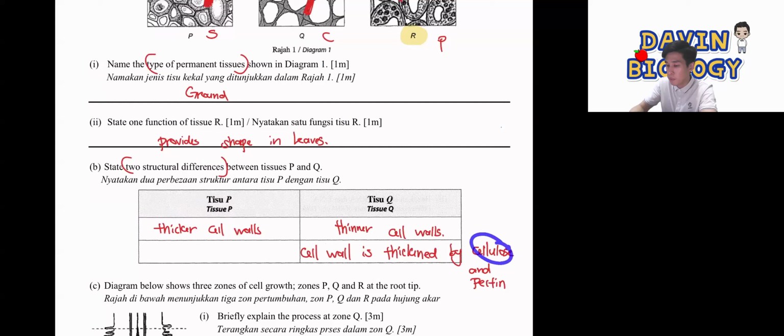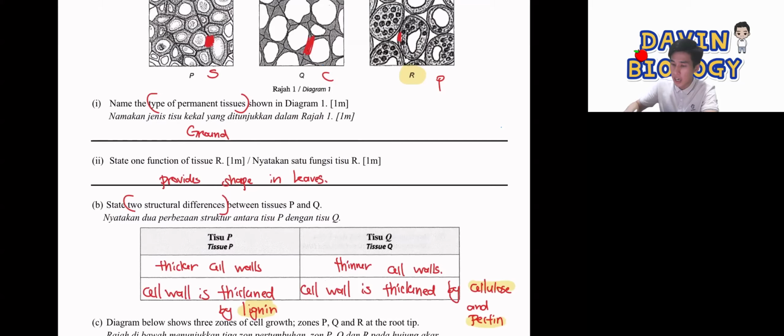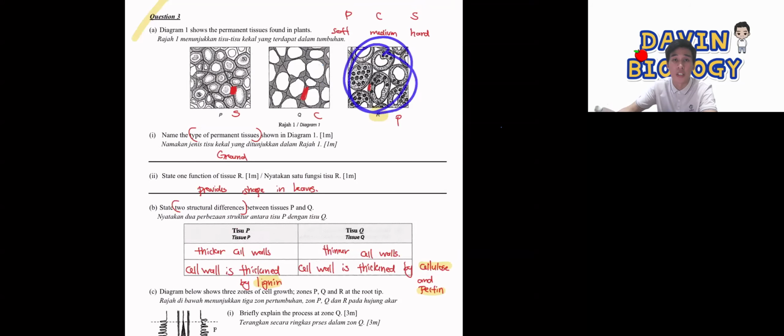Basically, it is vegetable and fruit fiber. We can use our teeth and bite fruit and vegetables, so they're not very hard. But for P, you definitely cannot bite because it's wood. Why is it so hard? Because it's made of wood fiber. So cell wall is thickened by lignin. So that is the second difference. Their cell walls are made of different things. For R, this one is just cellulose only. That's why they're very soft.